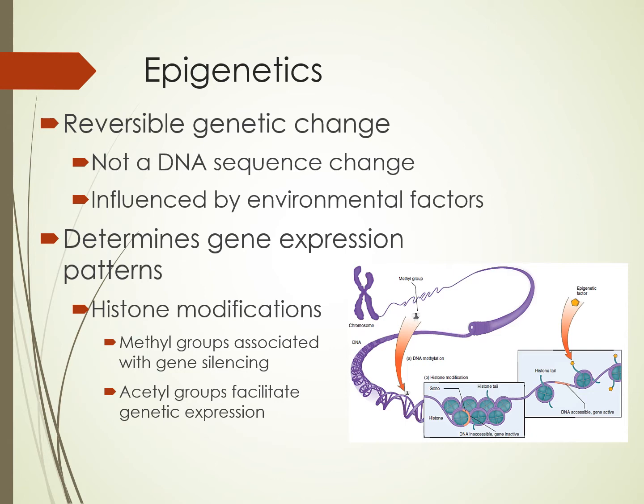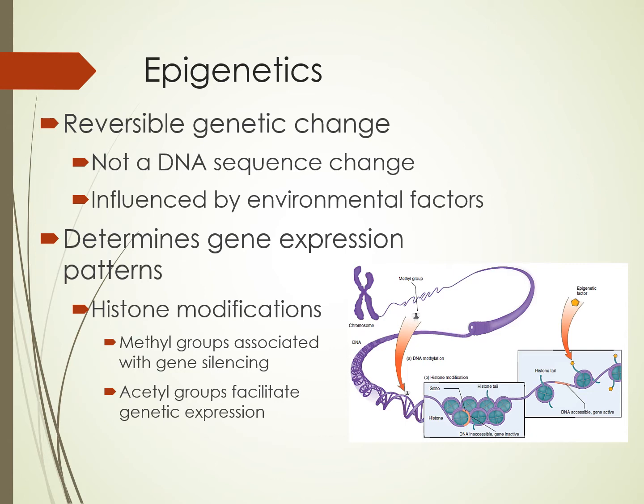So what's happening is, again, they're not changing their DNA sequence with choices, but they are changing what's expressed of that DNA sequence. And we can talk about how this happens with histone modification in a way that I hope starts to make sense. If you look at the picture, those round green-blue looking balls are histones. What this is showing is that the DNA strand is wrapped around those histones.